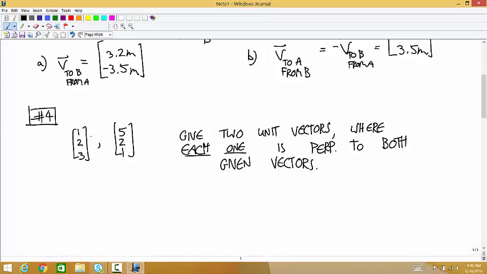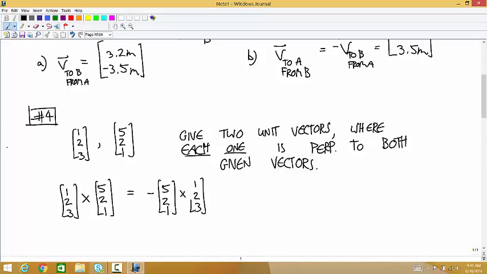So 1, 2, 3 crossed with 5, 2, 1 is equal to negative 5, 2, 1 cross 1, 2, 3. It gives a vector perpendicular to both.